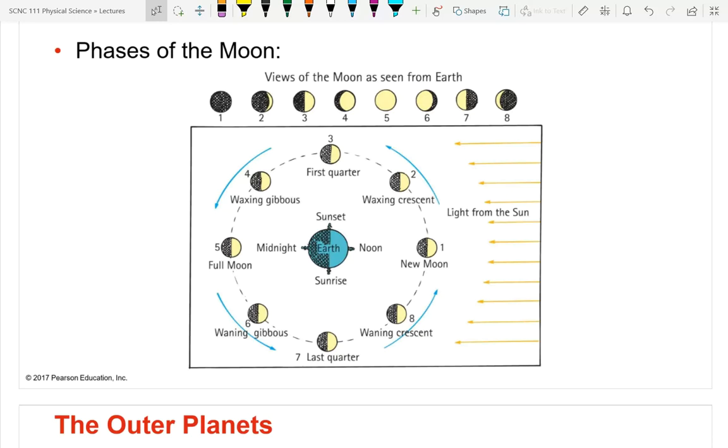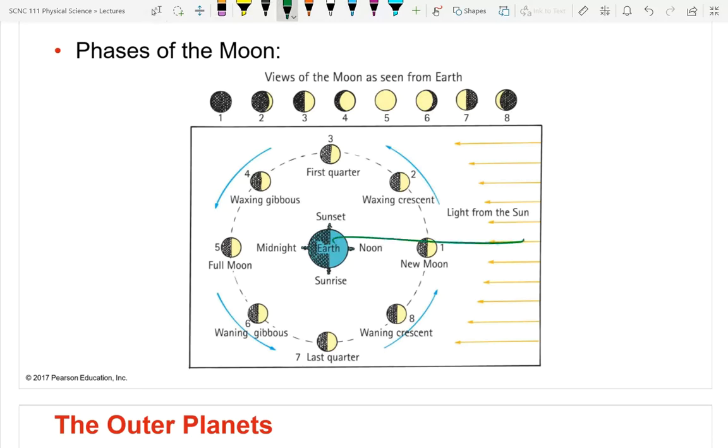If it's first quarter, look at the picture. If one finger's pointing at the moon and one's pointing at the sun, what's the angle? 90 degrees.